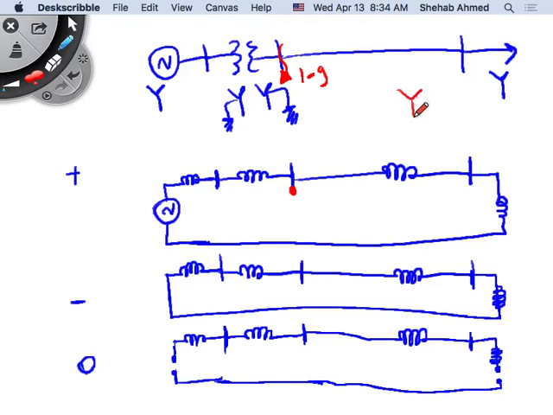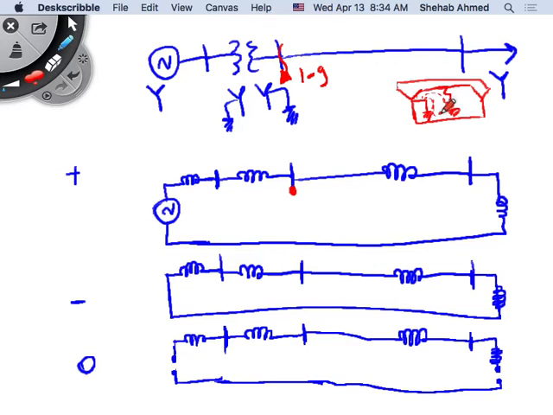So this is my star, for example, and this is my star here, and this is my transformer here. So I have, this is grounded. I said one of these lines has a fault to ground. Right, it's connected to ground, so the current will flow here, in this loop, right?